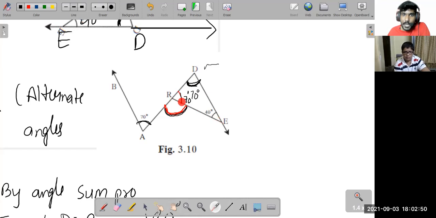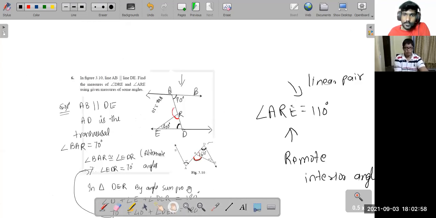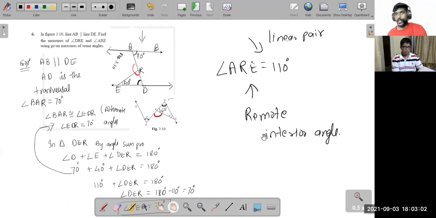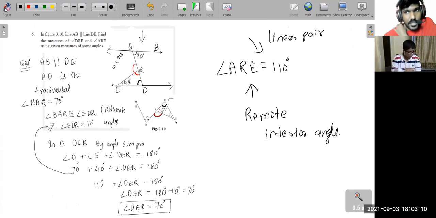We found that using linear pair, and that is also correct. I'm not saying it is wrong. First part I have written, second part you write it. Complete it.